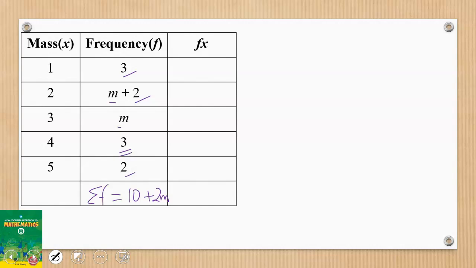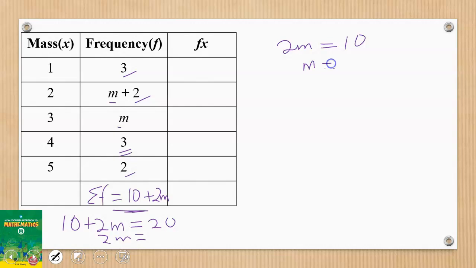Then remember that the question said the fruit is 20 in all, which means that our total frequency is supposed to be 20. So we can say 10 plus 2m is equal to 20, because that's what the question said. So 2m will be equal to 20 minus 10, which will give us 10. And so we have 2m is equal to 10, m is equal to 5. So our m is 5.